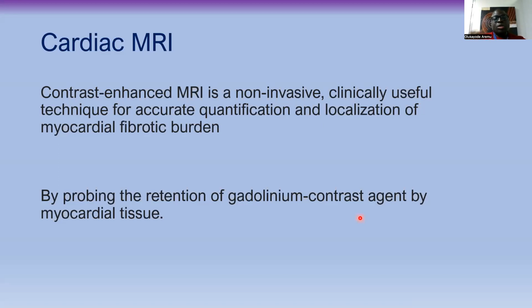So it's not supposed to stay in the extracellular matrix. But when it stays in the extracellular matrix, taking the space of the interstitium and expanding the extracellular matrix, that is when you look at the volume of the myocardium that has retained this gadolinium. That is where you see enhancement on cardiovascular magnetic resonance. That is where you see the volume that is being enhanced, and then taking the volume into account, you can calculate the percentage in cardiovascular magnetic resonance.